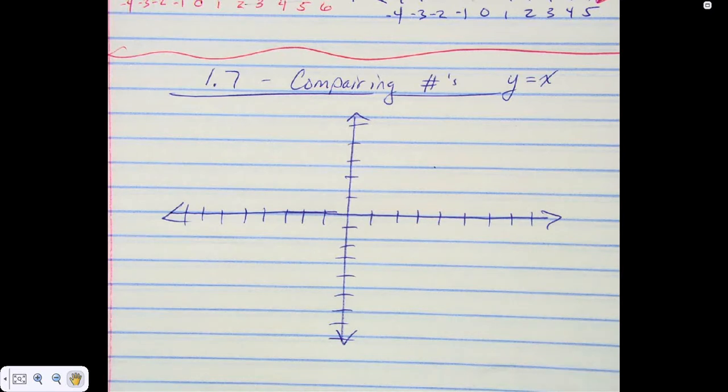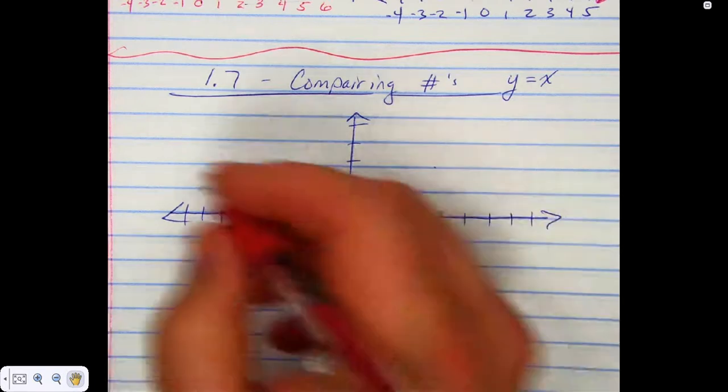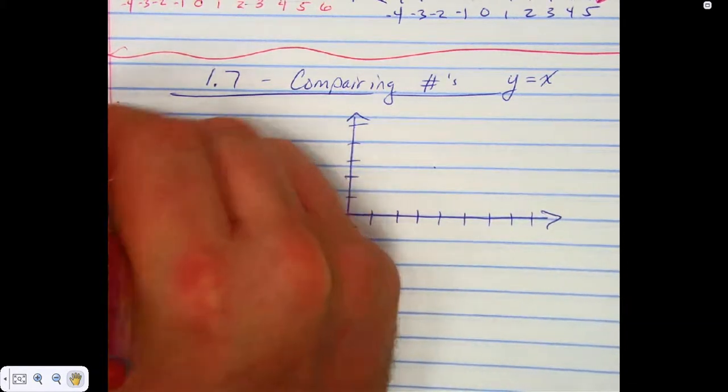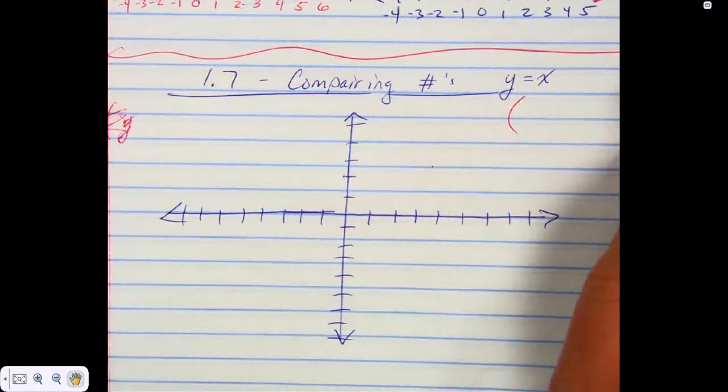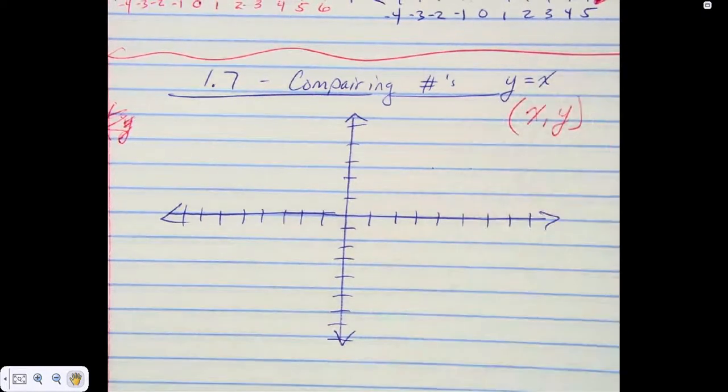And when we do that, you got to remember that in an ordered pair, it's always in the form. What are ordered pairs always in the form of? X comma what? Y. Does everybody understand that?